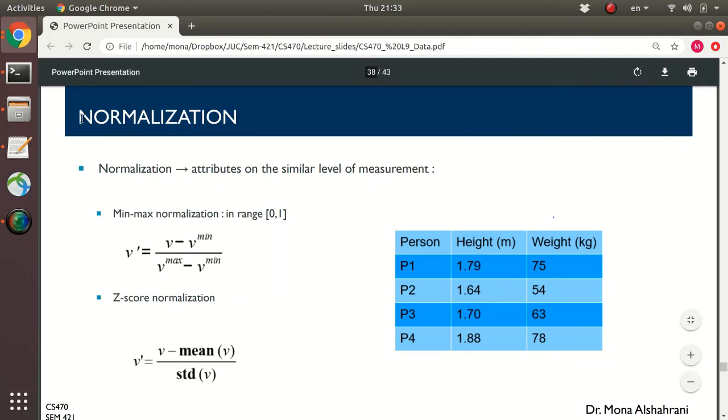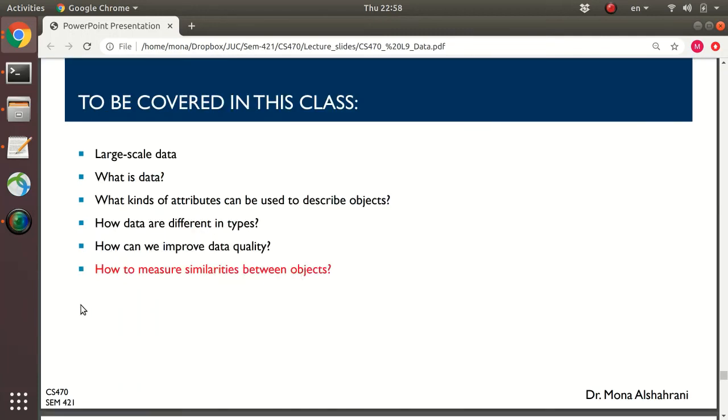Another technique to improve data quality and also to serve as a pre-processing step is normalization, which can be referred to as scaling or standardization. The last thing to cover in this lecture is how to measure similarities between objects, and this is one of the techniques to pre-process data.